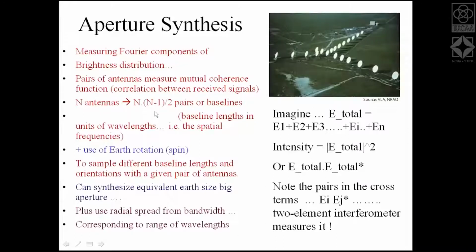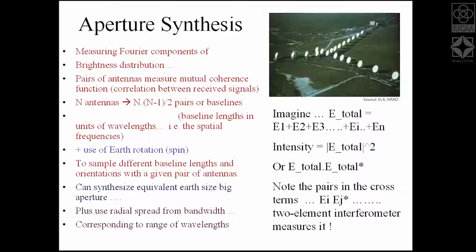By ensuring that you don't measure the same Fourier component twice, that means avoiding redundancy, you can cleverly arrange your apertures or sensors in a way like in this example, or in the case of GMRT, in an optimal way, such that each pair of antennas measures a different sinusoidal pattern with different orientation and different periodicity. So by doing that, you can measure a large number of Fourier components.